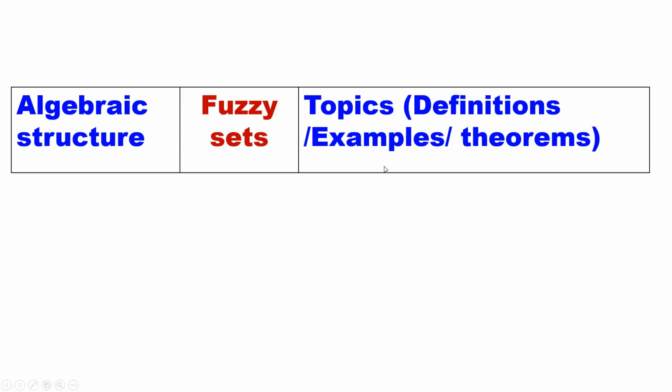So that protocol should be followed, and then other than that, whatever you are going to find that is new can also be included, and definitely an application. So application for what? The fuzzy set, if you are going to give your own, you're going to introduce that, then what is its application, and how is it relevant to the particular algebraic structure.